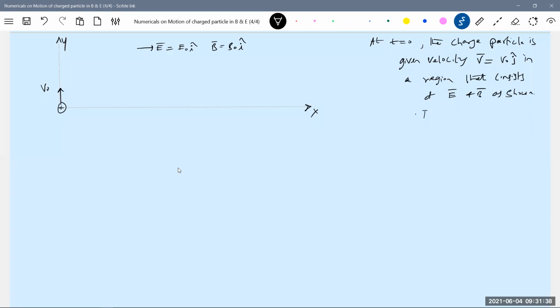Okay, find the trajectory of the particle. Find the parameters of trajectory of particle.